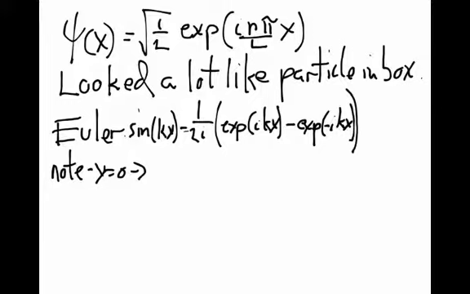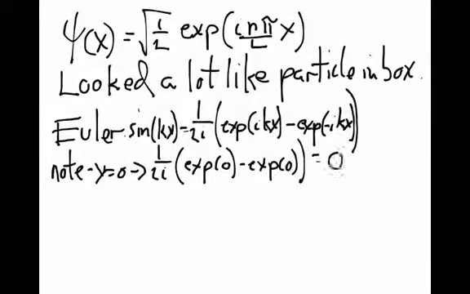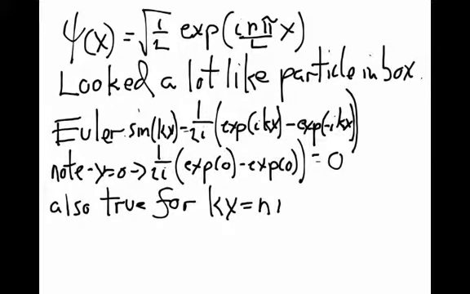So take a look at this. You notice that if I set x equal to 0, I get e to the 0 minus e to the 0, 1 minus 1, and that works. So that's 0, which is what sine is at 0. And also, if I go to some multiple of n times pi, then I'm going to get the same thing.